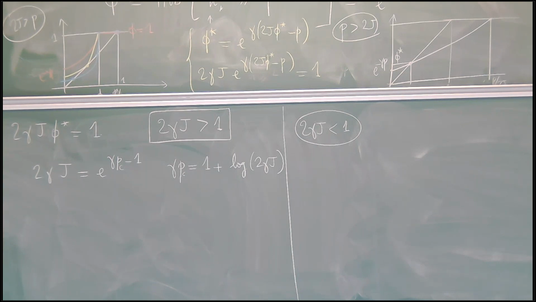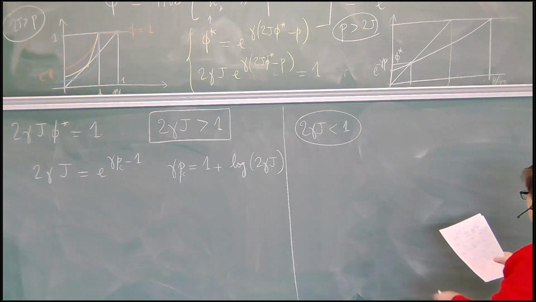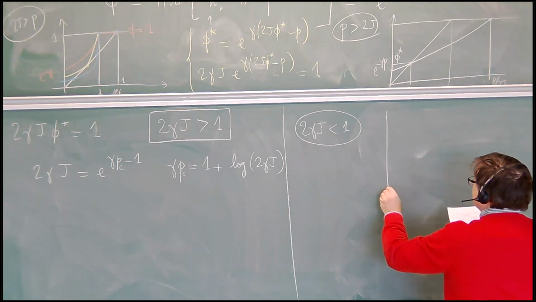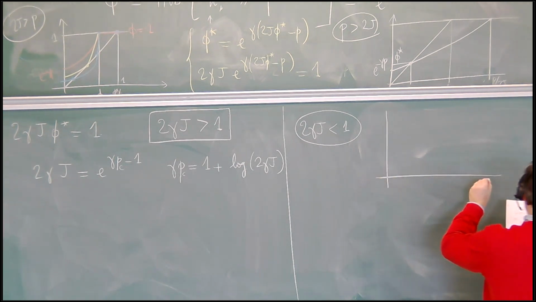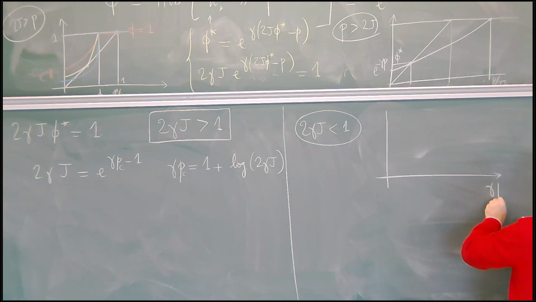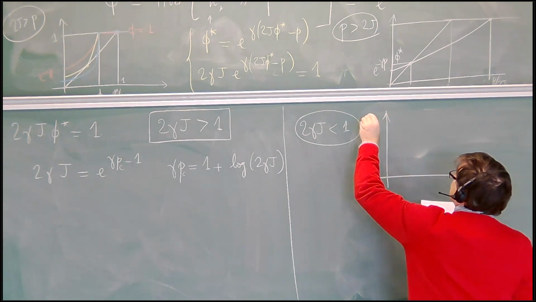For each price, there will be an attendance. So for each price, there will be a demand for the good, and it's a unique relationship between prices and demand. So there's a well-defined demand curve, and what it looks like as a function of gamma p, this demand curve is very simple.